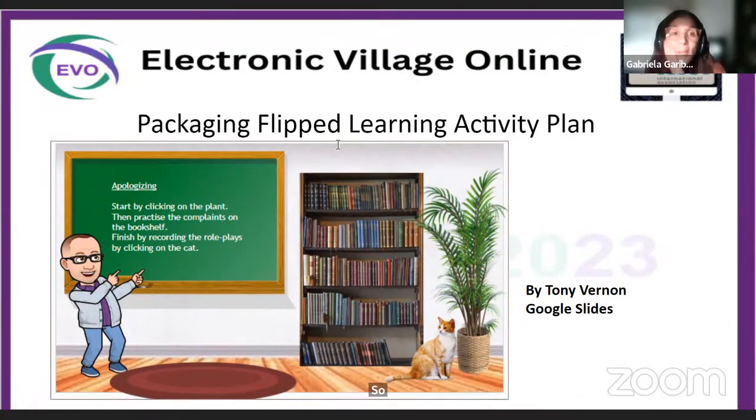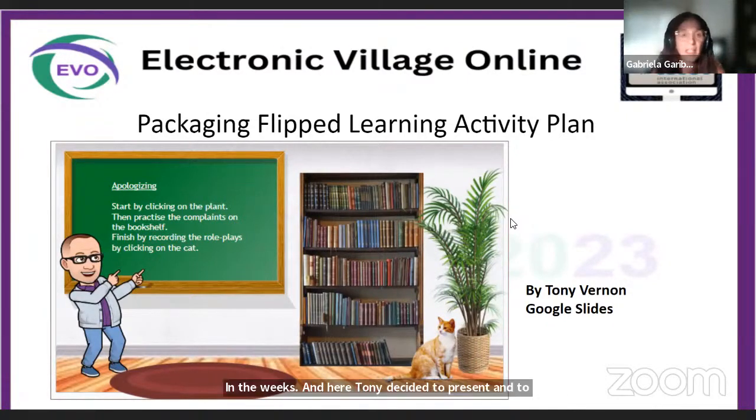And in week number 4, we asked the participants to explore how they wanted to package all the flipped learning activities they had designed previously in the weeks. Here, Tony decided to package the activities using Google Slides.